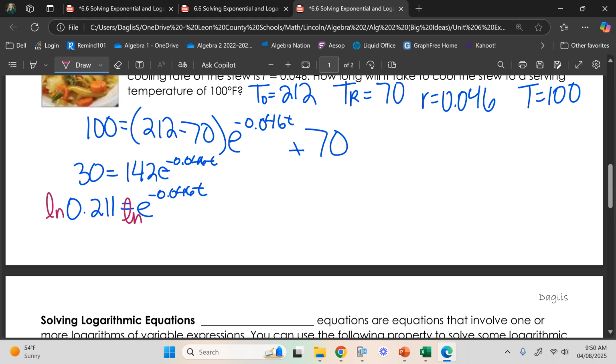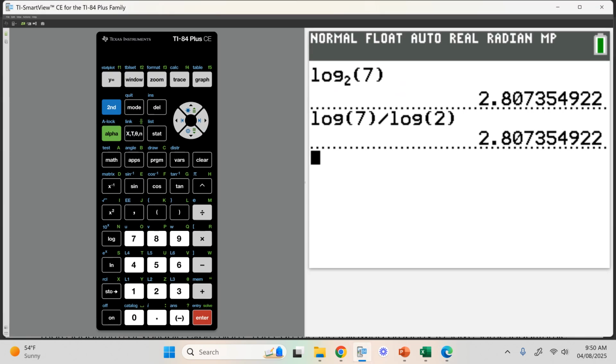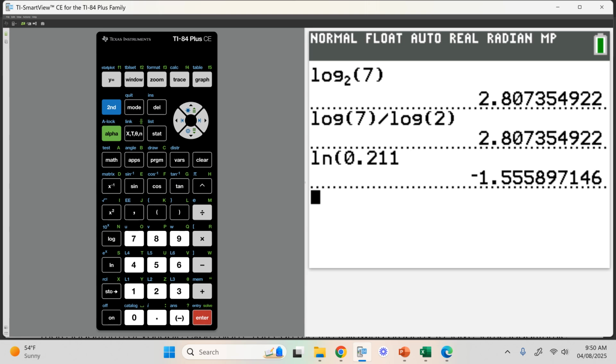Those two cancel. Natural log of 0.211 gives me about negative 1.556.